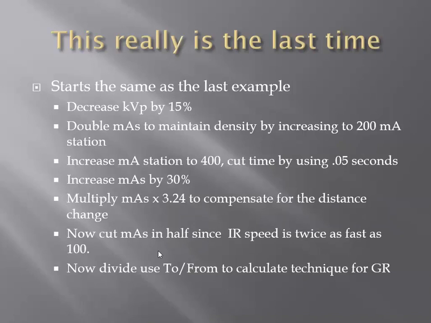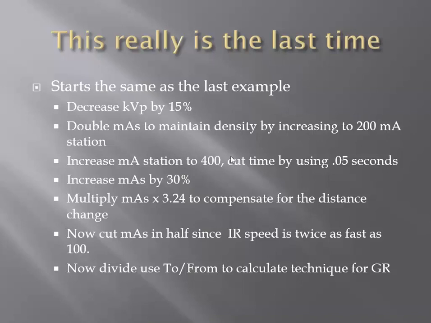So it's the same problem again, and now since we're going from an 8:1 to no grid, and our Bucky factor for the 8:1, according to our textbook here, is a factor of 4, then really all we have to do is take that one more step. So we would start by decreasing the kVp, double the mAs to maintain the exposure, but only by increasing the mA station.